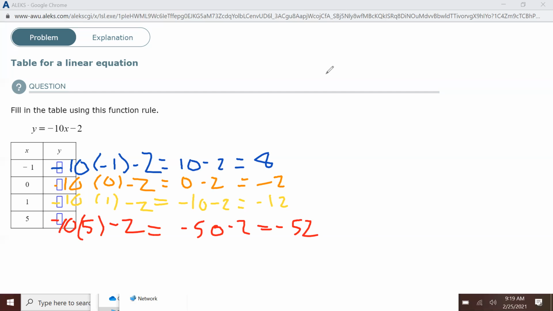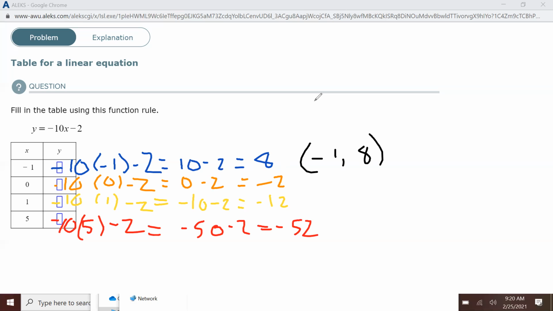Incidentally, this equation has a graph associated with it. And one way of looking at what we just did is that we found 4 different points that are on the graph of that equation. First point would be -1, 8. It's important to think about them this way.